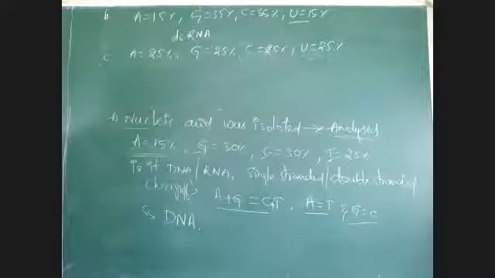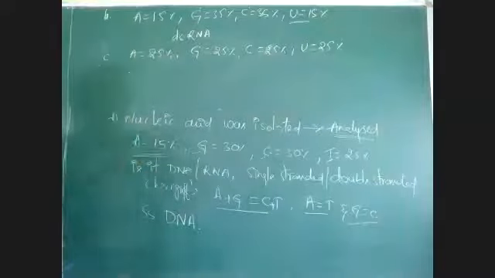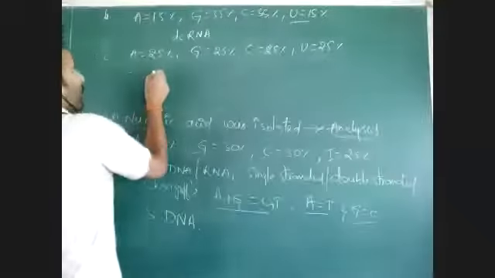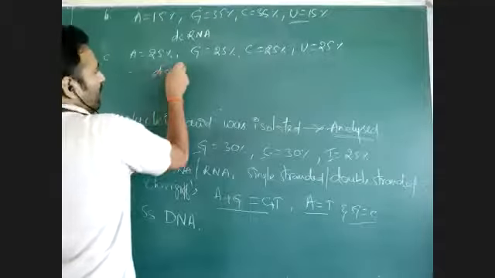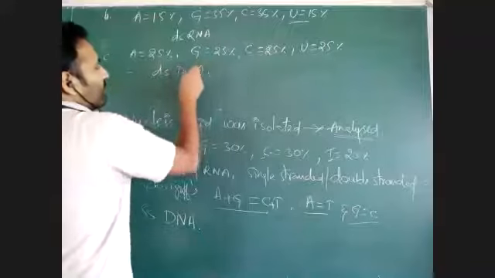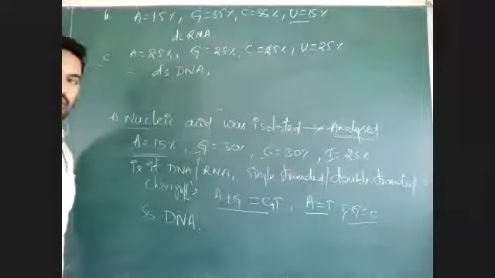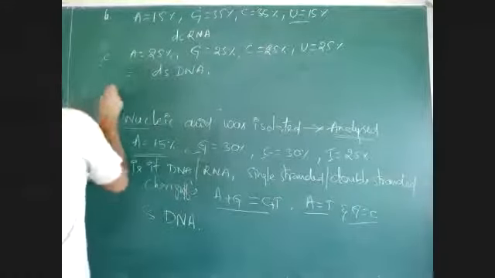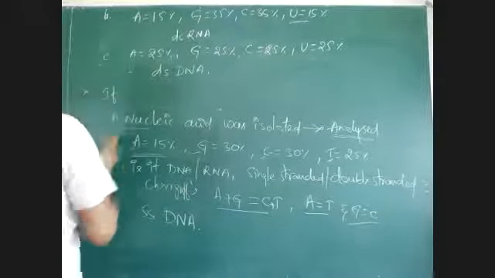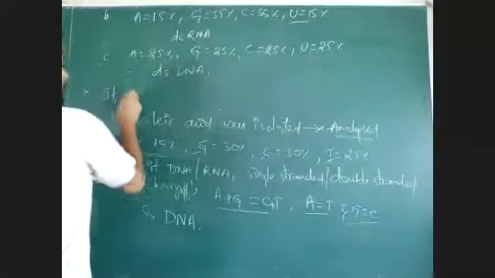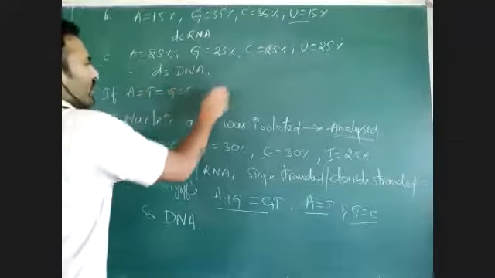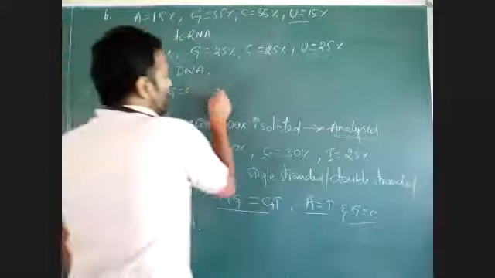DNA. Actually, when all nucleotides are equal, then possibly it is double-stranded DNA. It is double-stranded DNA. But if A is equal to T is equal to G is equal to C, that may be single-stranded also.